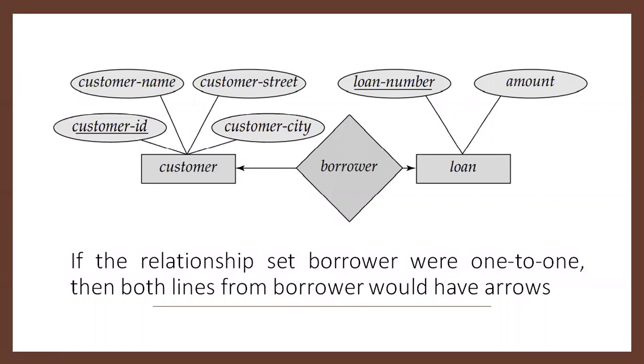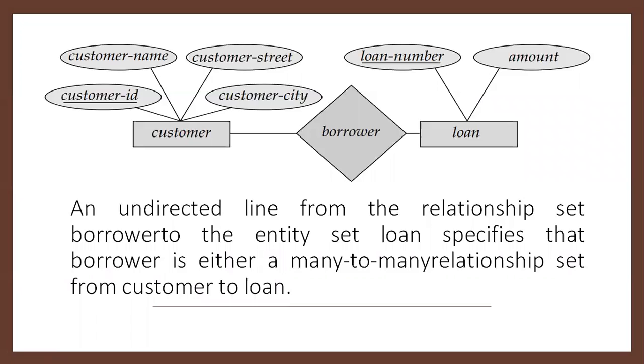So last remaining is many to many. You can see here there is no arrow.